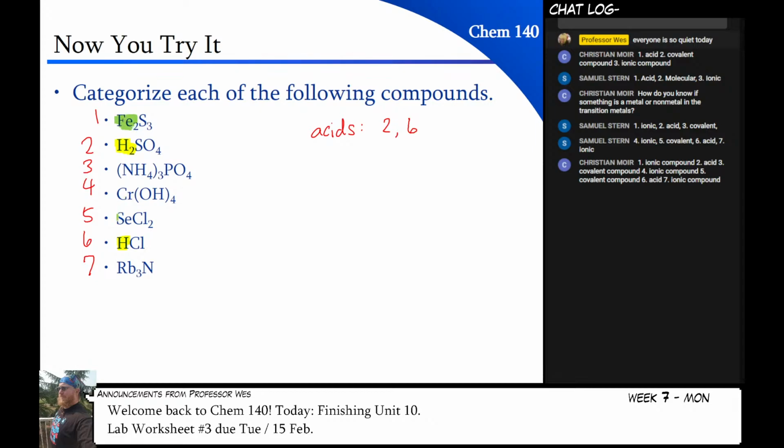So here's a metal, here's a metal, here's a metal. But remember that an ionic compound can also contain polyatomic ions, of which ammonium is one. So even though there's only non-metals in this, ammonium is an ion because it's on the list of polyatomic ions. So we've got to include that one too. That's how I get you, right? And then whatever's left over is covalent.